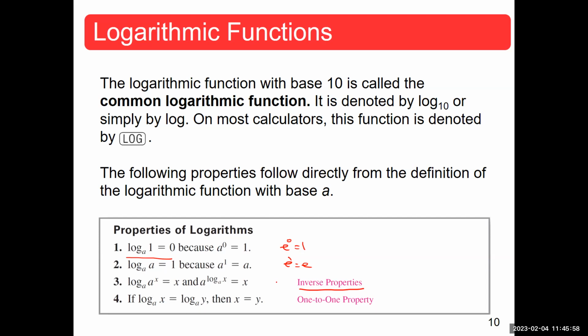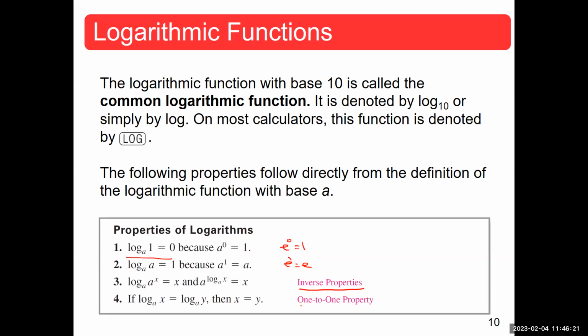Extremely important that you remember that. So log base a of a equals 1. When I say power x, then the answer is x. And a to power log base a of x is also x.